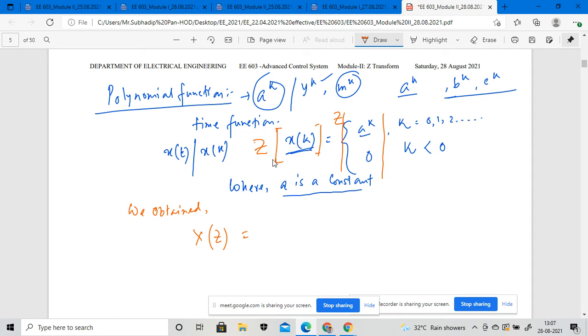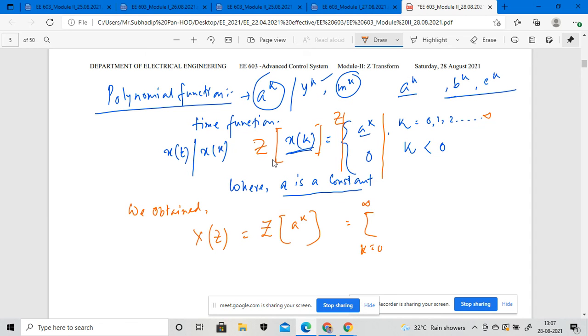Then we consider the z transformation of a of k, right? Again the values of k will vary from 0 to infinity.